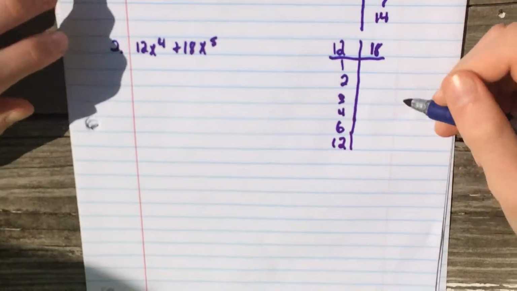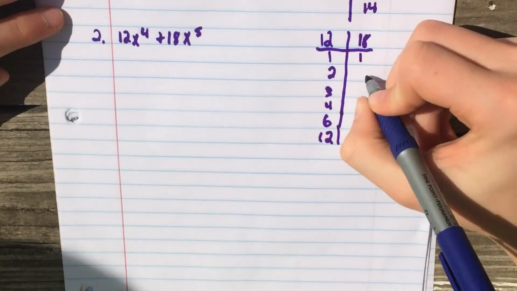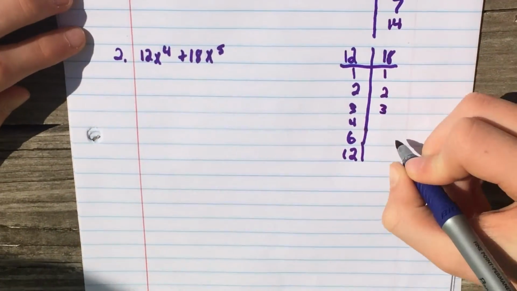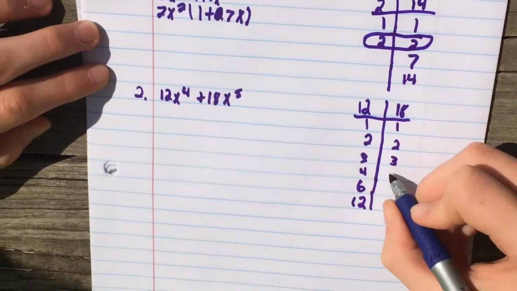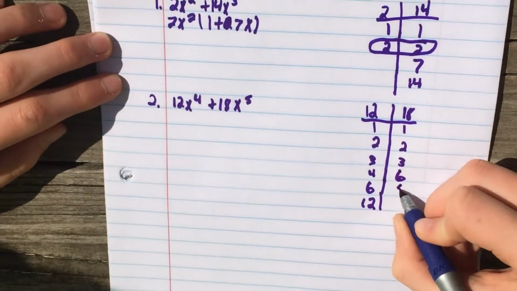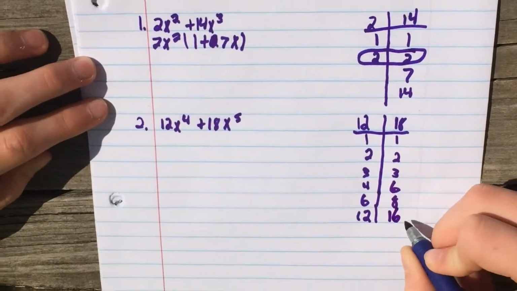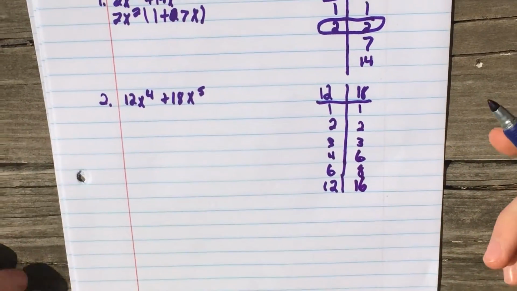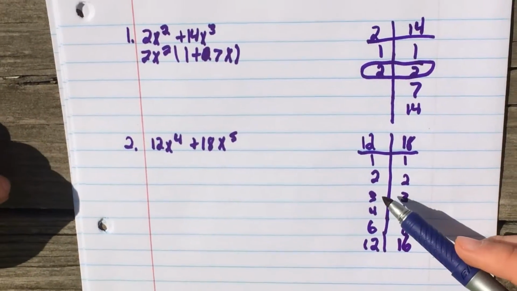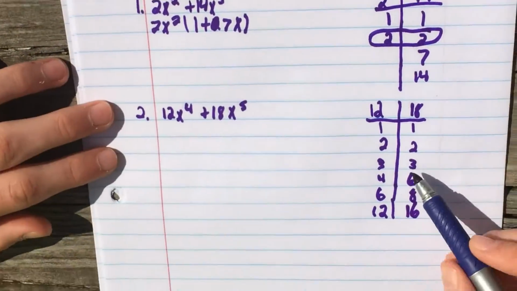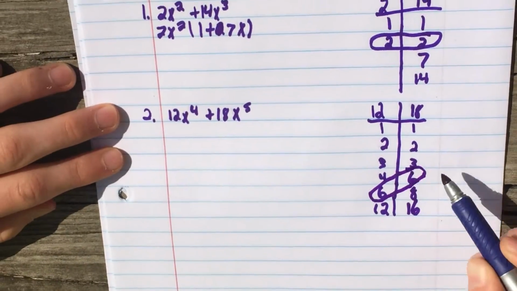And of course 12. And then the factors for 18 would be 1, 2, 3, 6, 9, and 18. We see that 6 is the GCF in both of these.